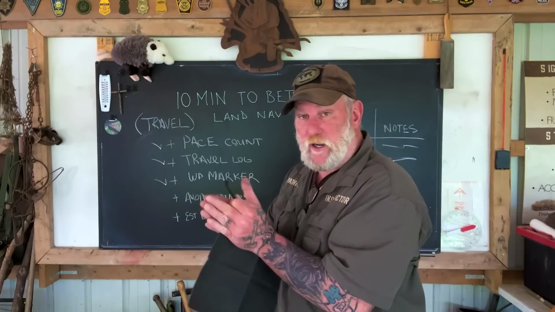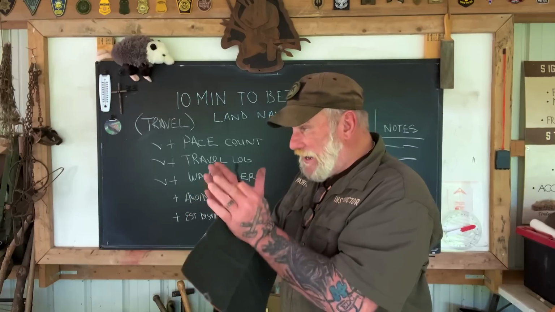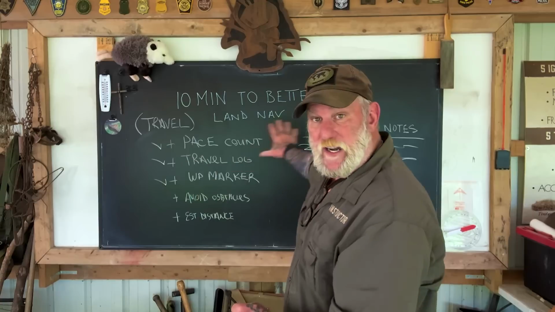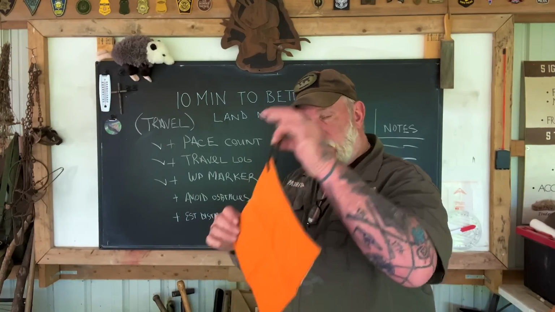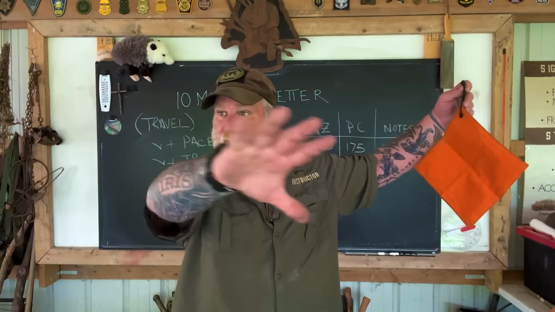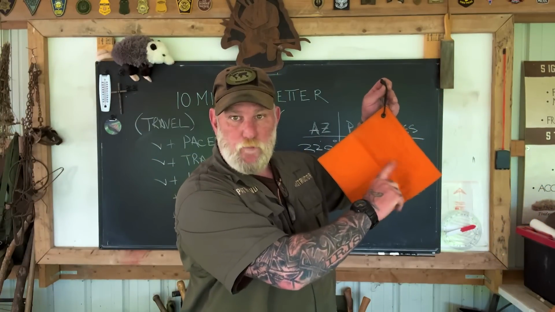Because at this point, I would stop at something solid like a tree or something like that. And at this point, I'm on that travel bearing in that line azimuth, and I haven't broken it. So I haven't had to do anything with this travel log. If I hang this waypoint marker on that tree, I can walk anywhere I want to walk in this area as long as I don't lose sight of this waypoint marker.